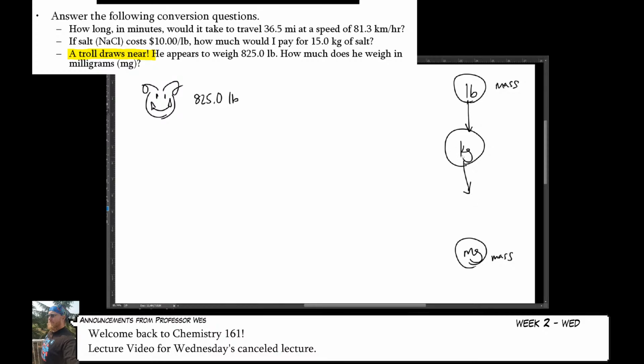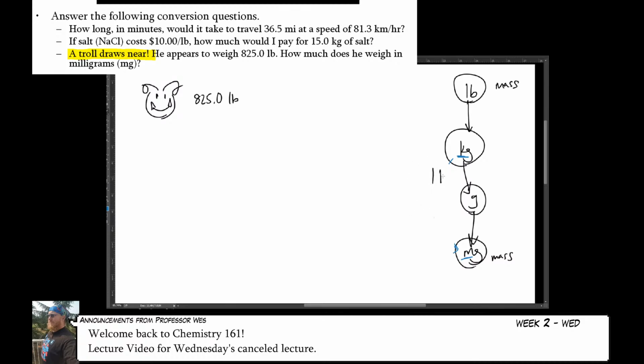Whenever you have 2 units with a prefix, you should always go through the base unit. So don't look up a conversion from kilograms to milligrams, because no such conversion is easy to commit to memory. Instead, go to the base unit and use the conversions that we've committed to memory for the metric table. That's a lot easier and a lot more reliable.